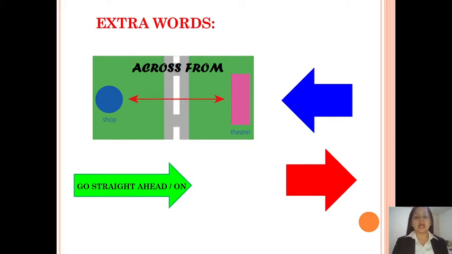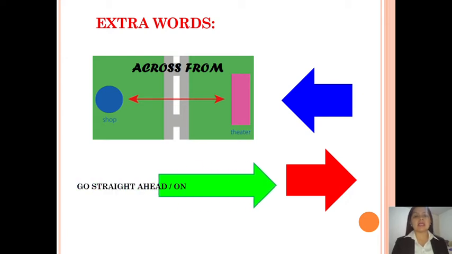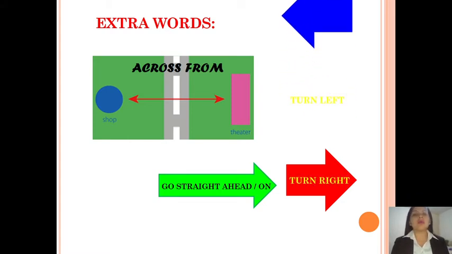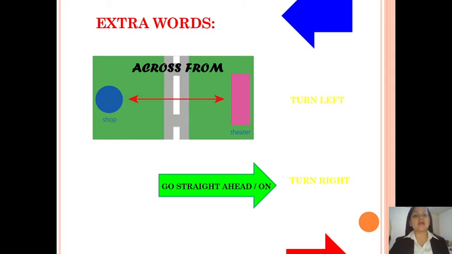Let's continue with the next. That is go straight ahead, right? Let's continue with the next. And this is turn left. Okay, turn left. This is my left, for me. And the next one is turn right. This is the right for me.